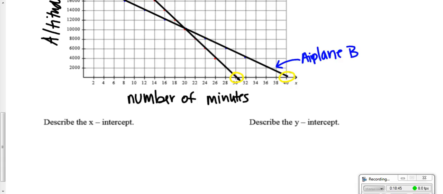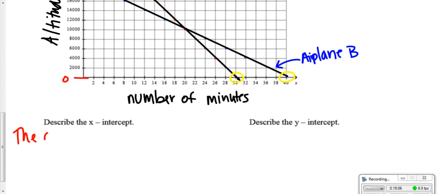And if I put this into words, it would be the amount of minutes it took for the airplanes to land or to descend onto the ground, okay? So it is going all the way to the ground. Again, we're at 0 feet right here.